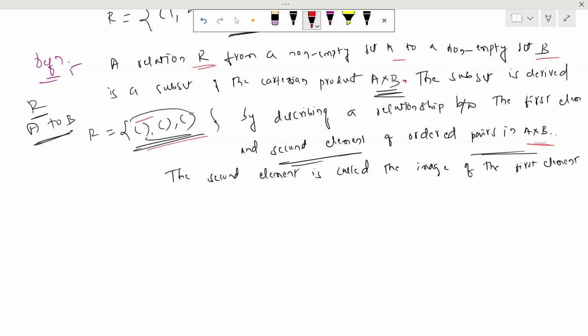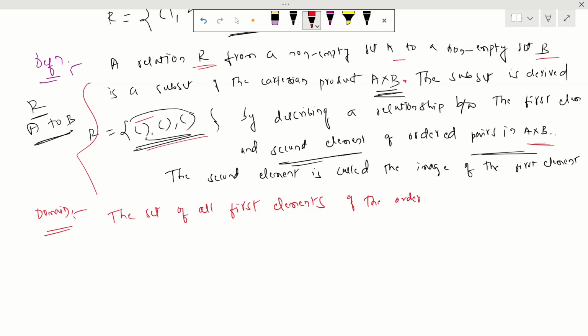Now we are going to define the domain and range. The domain and range will be defined from this definition only. So domain means the set of all first elements, that is, the first elements of the ordered pairs.